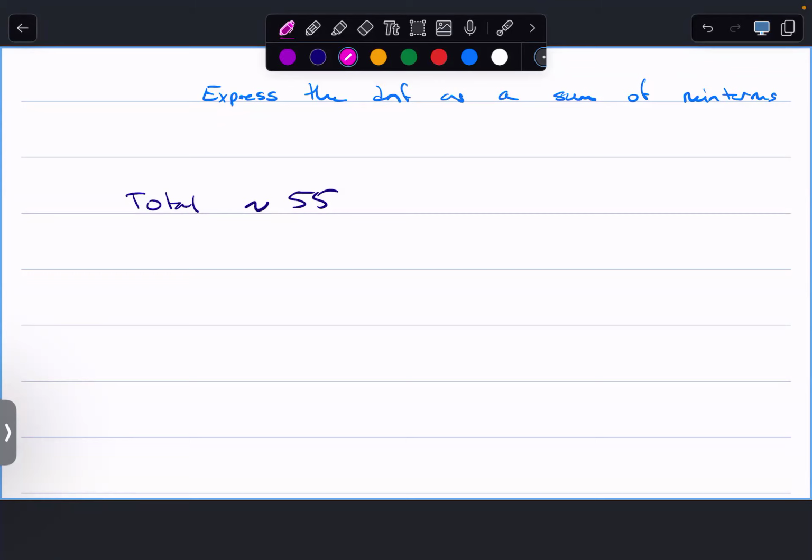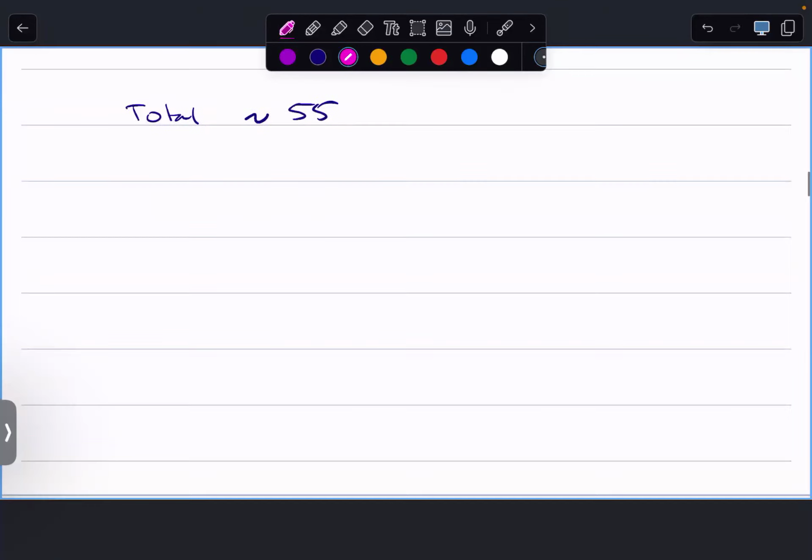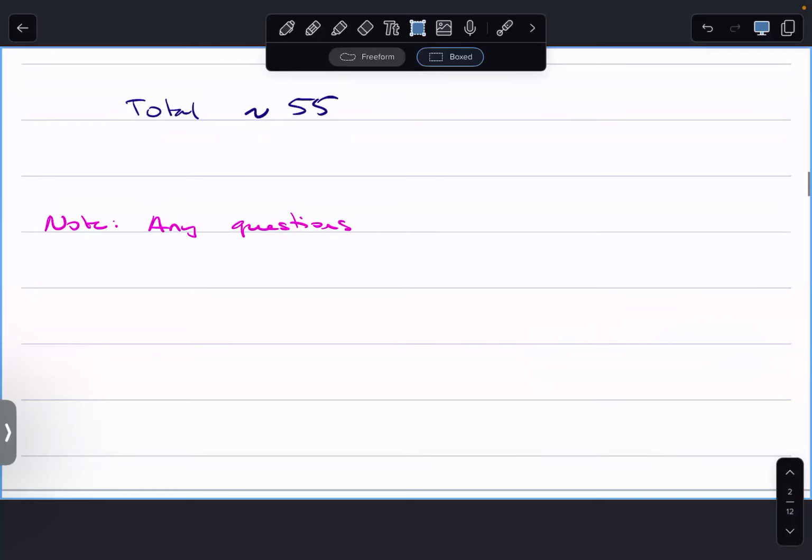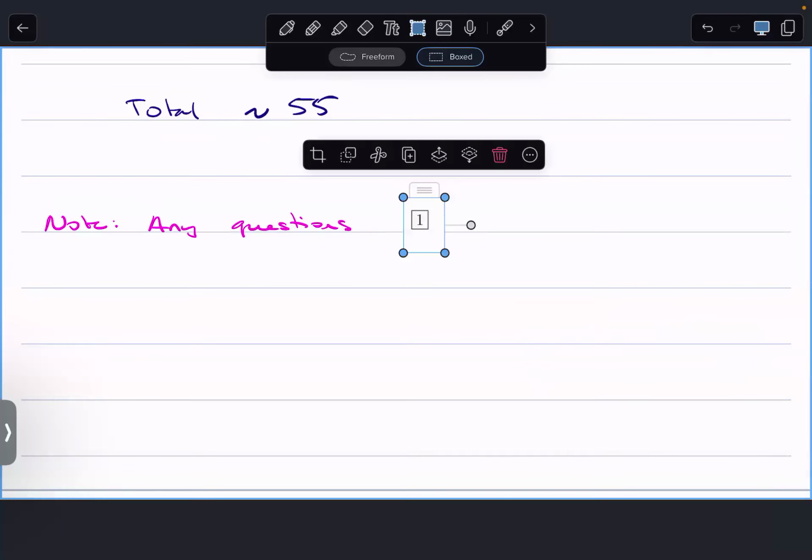And so I'll make a note here. Note, any questions? And you'll see the total marks look like this along the side, so you can kind of gauge how many marks it would be.